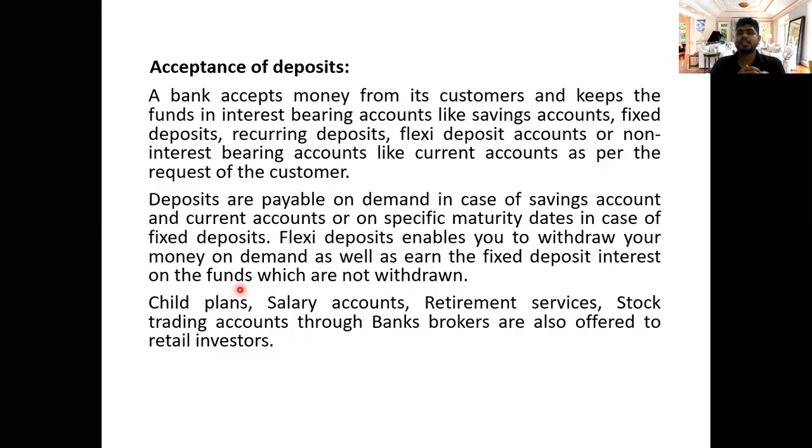Then how much interest will you get? How much interest for 10 million for 1 year at 15%? You will get 1.5 million as interest for the year. At the end of 1 year, at maturity, you will get 1.5 million as interest income.